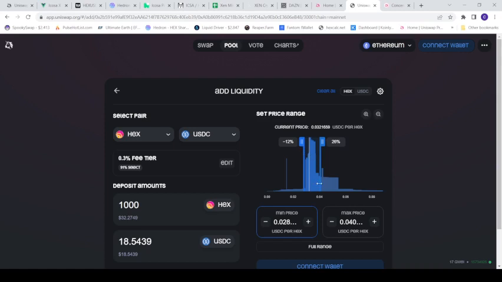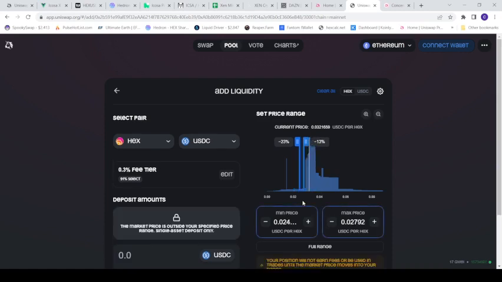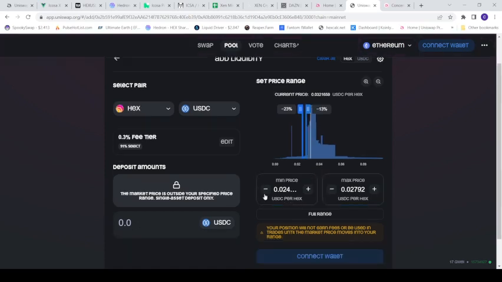So then there's another type. You could use this actually to do limit buys. So all we got to do now is bring our range below the current price, so to the left of the price. So now what you can do is, let's say you have 1,000 USDC.